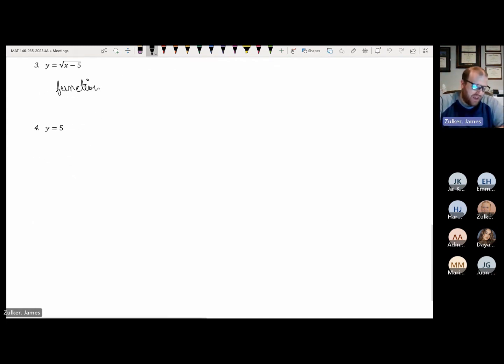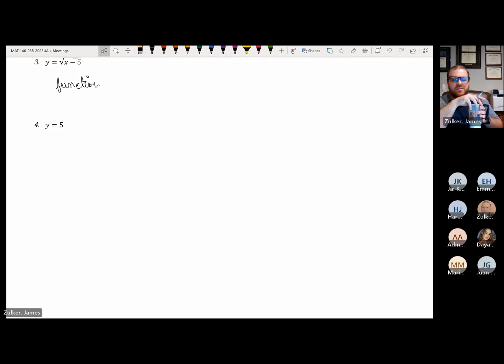What about y equals 5? What do we think? Would that be a function? True, x can be anything. So pick a value for x. Do you get only one y value?